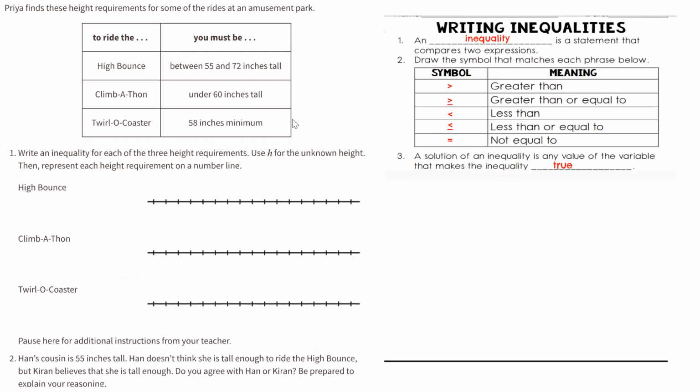So if she can ride the Climb-a-thon, that means she is under 60 inches. But she can't ride the twirl coaster, so we know she's not 58 inches tall. And she can't ride the high bounce, so we know she's not 55 inches. So we know that she's under 60, but she isn't taller than 55, and she isn't taller than 58.